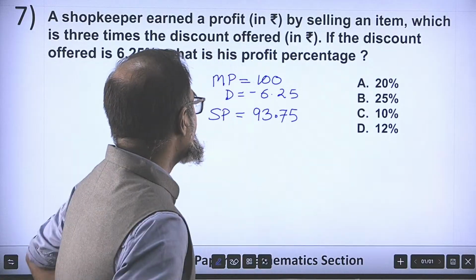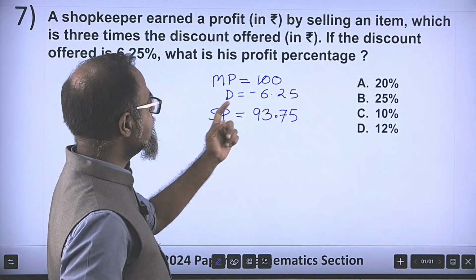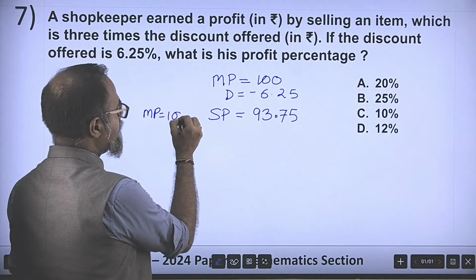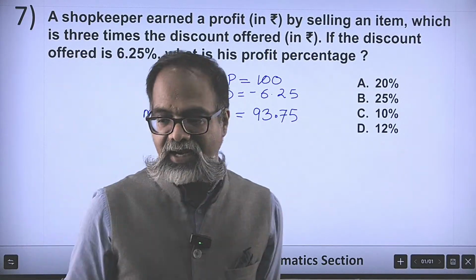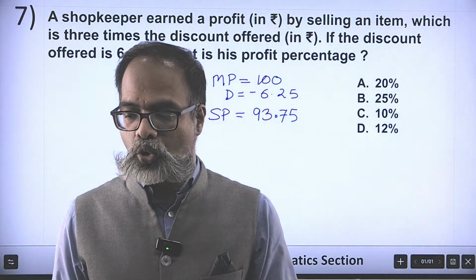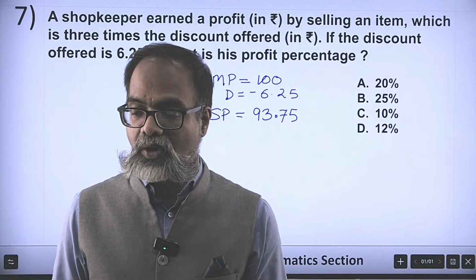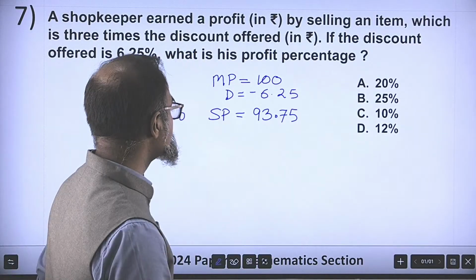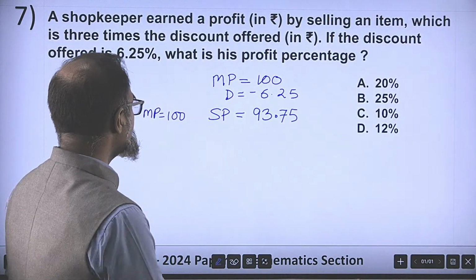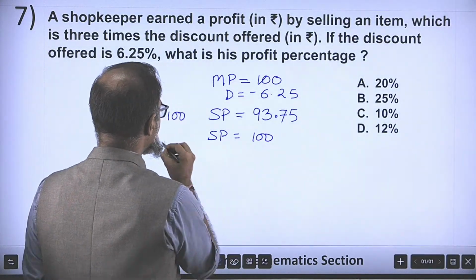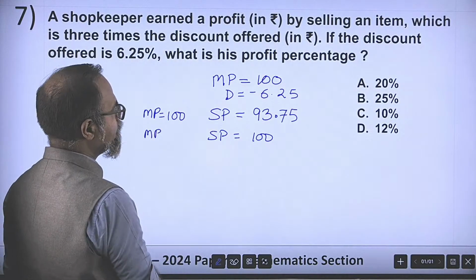Now, when marked price is 100, then my selling price is 93.75. So, if my selling price is 100, then what is my marked price? I can calculate that, right?